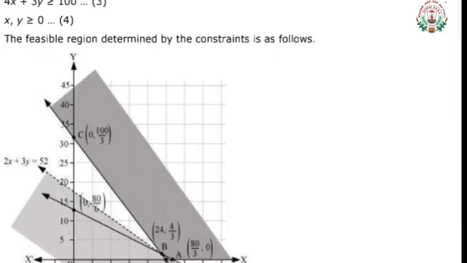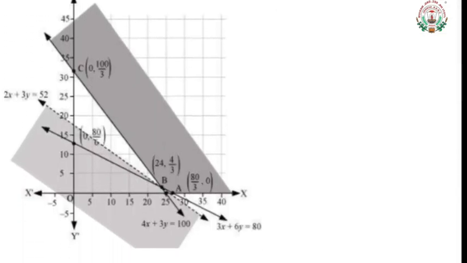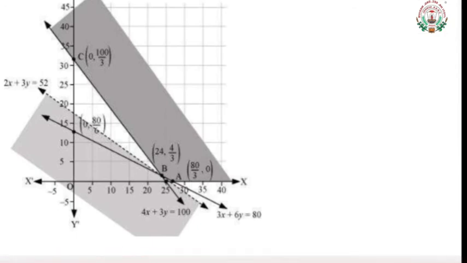After plotting the graph and shading it, as it is unbounded, the arbitrary point will not satisfy the inequations, and we are getting the points A, B and C here.